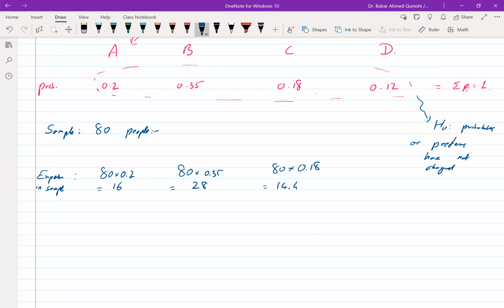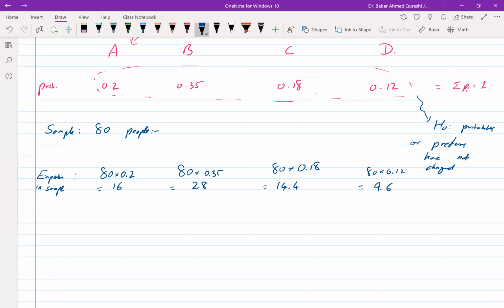You should note that although our actual sample will only have whole numbers, because these are complete people, it's better to just leave the expectation value as a decimal. Now this one is 9.6.